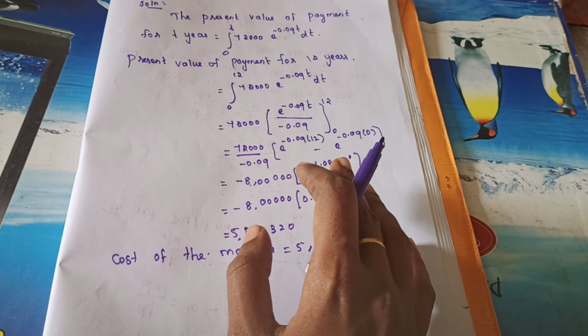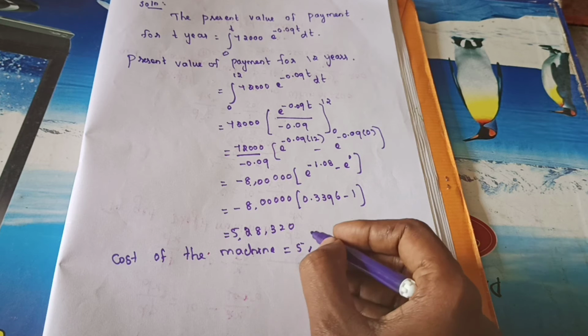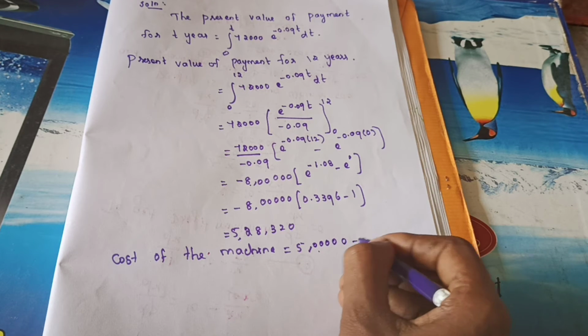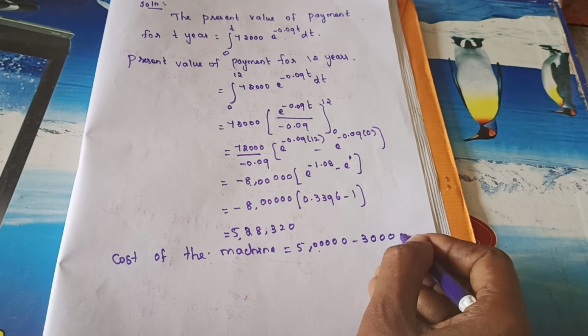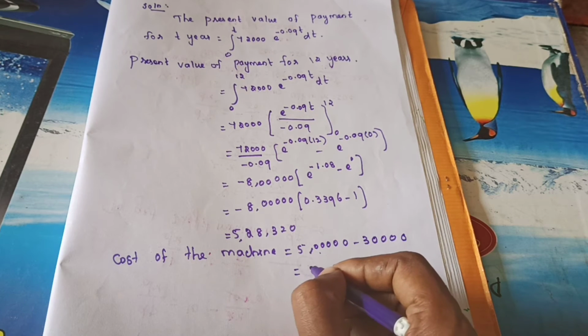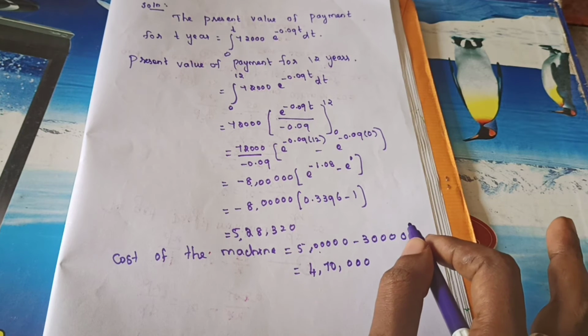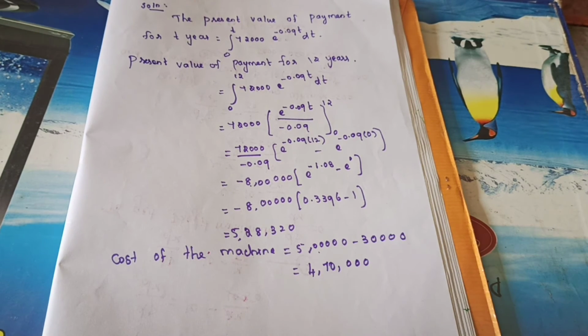Okay, so if we subtract the salvage value, you will get the cost of the machine, is it right? So 500,000 minus 30,000 is equal to 470,000. Okay, got it? Okay, so therefore it is not advisable to rent the machine.